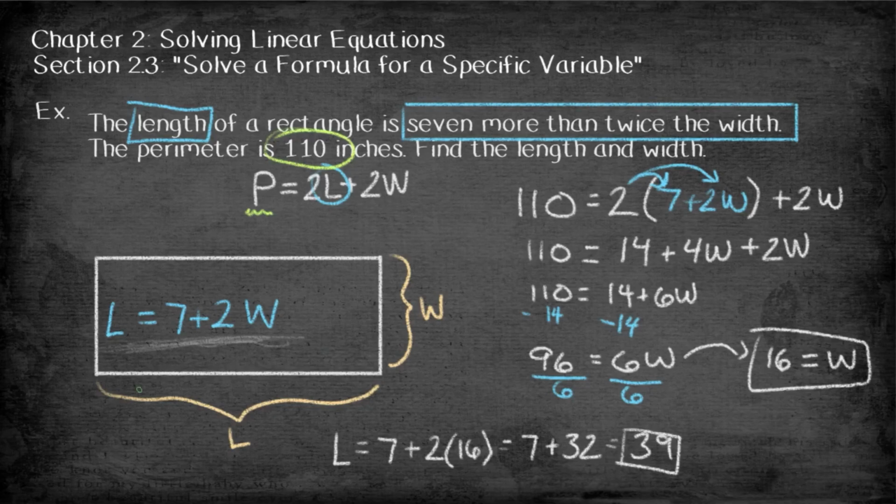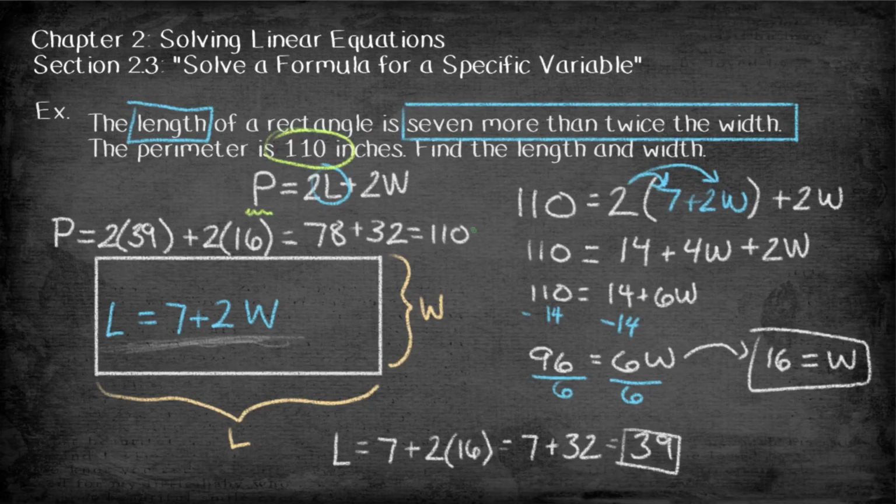And we can check our answer. And we get 110, just like we're supposed to. To summarize with a sentence, we would say that the length of the rectangle is 39 inches and the width is 16 inches.